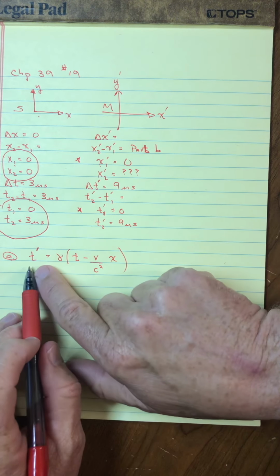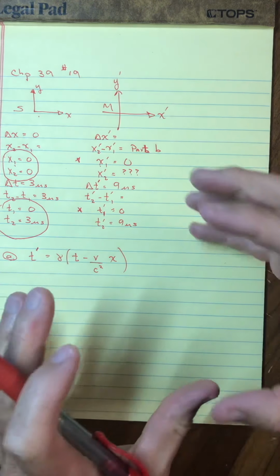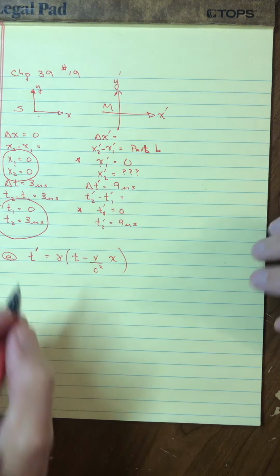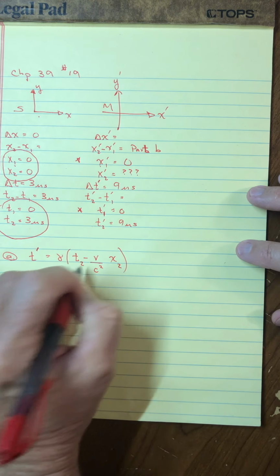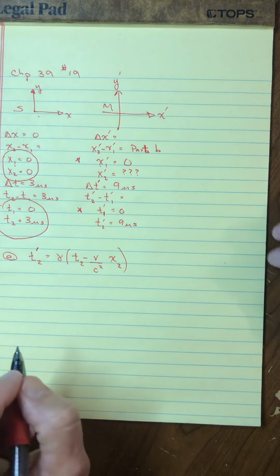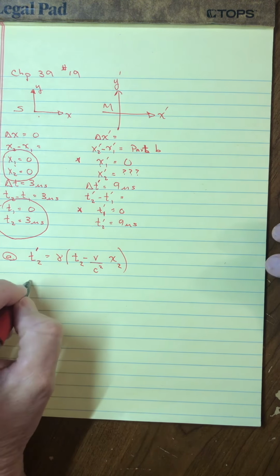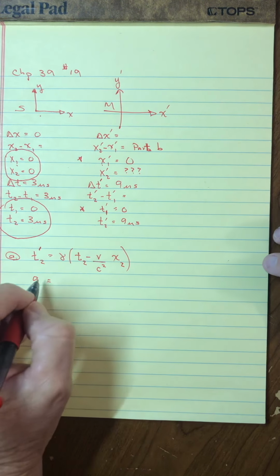This would give you the time as seen by Mark. This is the transformation from one person's view to another person's view. Now, if we apply that to number 2, so second position, second time, will give me the second time as seen by Mark. We know this is 9 microseconds.